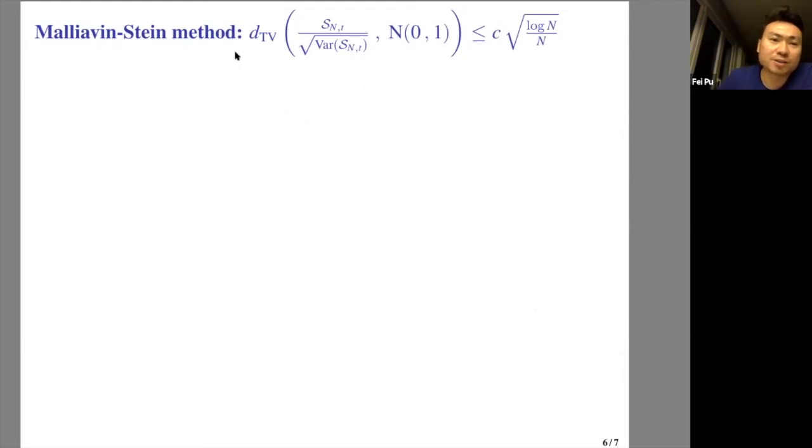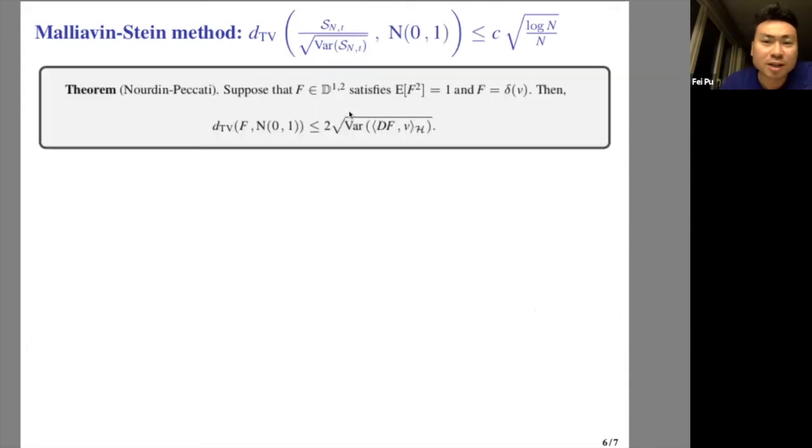Here, let me state a theorem by Nourdin and Peccati. This theorem appeared in the last talk, so let me repeat it again. Assume F is Malliavin differentiable, and the second moment of F is equal to 1.